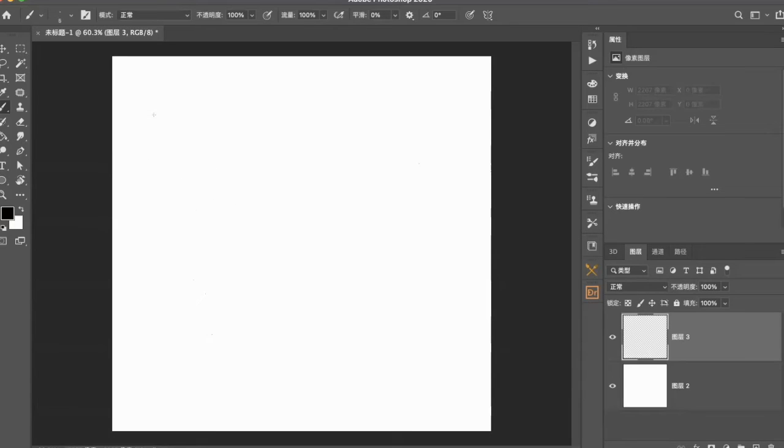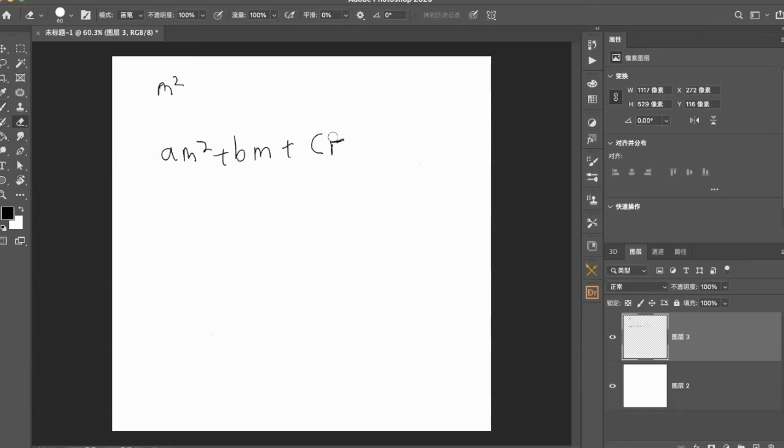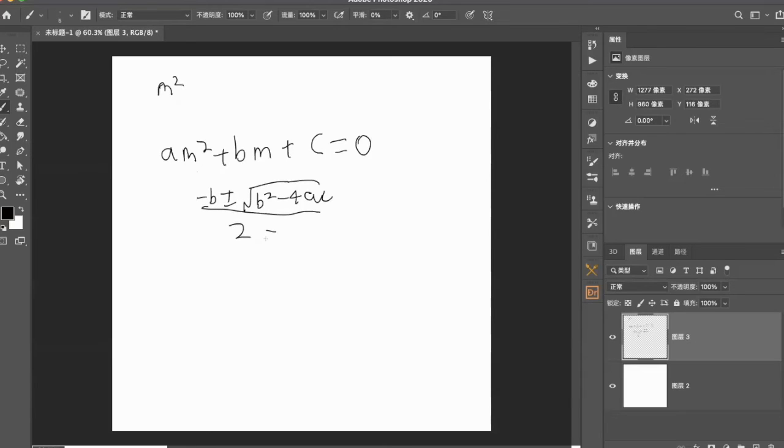Alright, so say we are focused on second order, but when we are writing those equations, we actually know that m squared plus bm plus c equals 0 has different kinds of solutions, right? When we were learning algebra, we learned that when solving it, negative b plus or minus the square root of b squared minus 4ac, over 2a, will give us the solution.